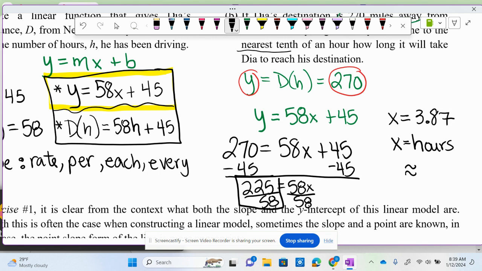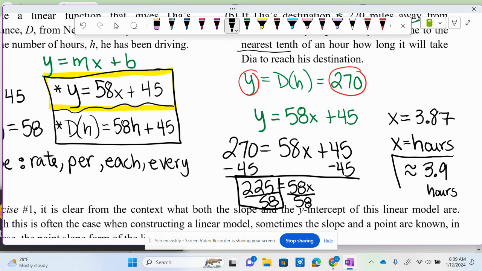3.87, and it goes on forever. It asks us to round it to the nearest tenth. The tenth is 1 decimal place, so I can only have 1 decimal after that number. What does that mean I have to do? Change the 8 to a 9. So it's about 3.9 hours.